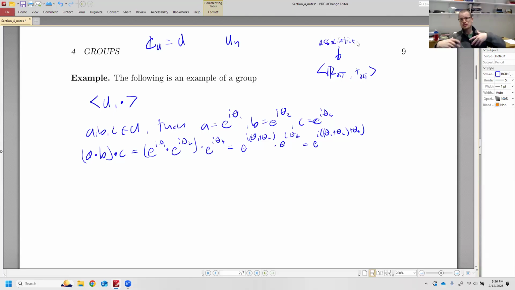So a lot of times in order to define or observe the associativity of one group, we actually rely on the associativity of another group. In this case, another example, this is also a group. And so we do have that it is associative, which allows me then to say that this is equal to e to the i (theta 1 plus theta 2 plus theta 3), which of course we can then show is A times B times C.